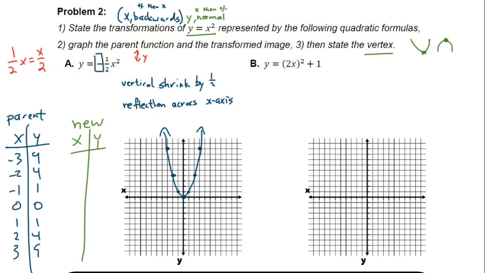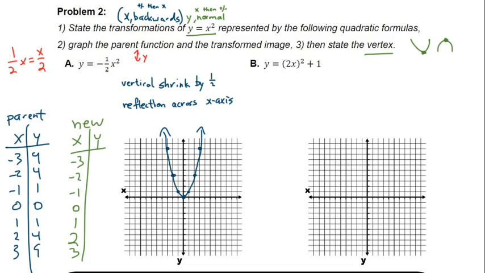Now, there's nothing going on the inside, so we're not going to change our x's at all. It's still -3, -2, -1, 0, 1, 2, 3. But your y's, I know this is two transformations, but we can just divide by -2, and that's okay.